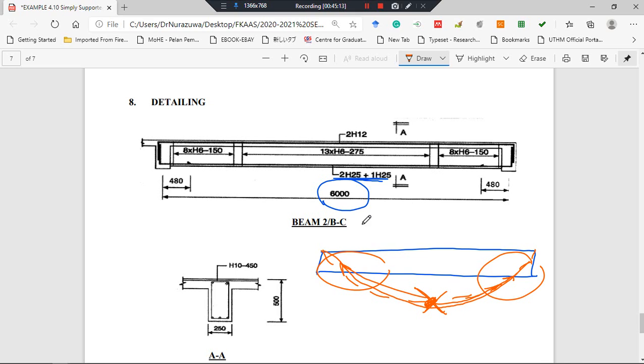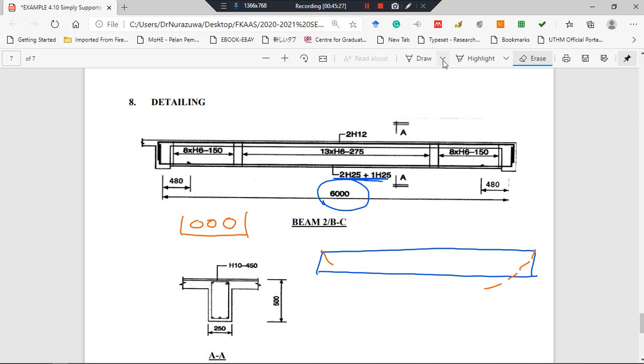Okay, so here even though we provide 3 bars, from a certain distance we do the cutting, from this distance to this distance, about 480.